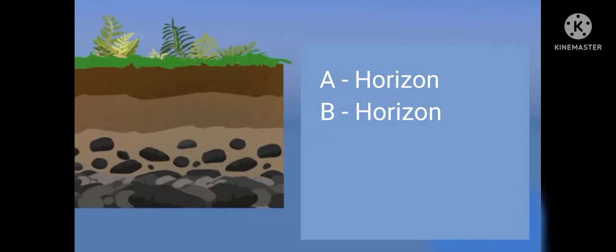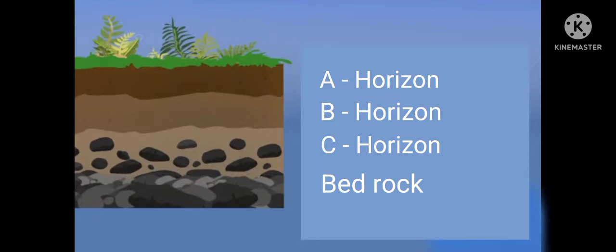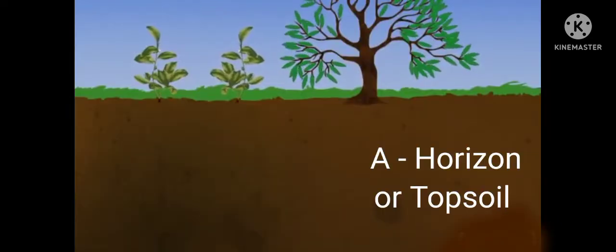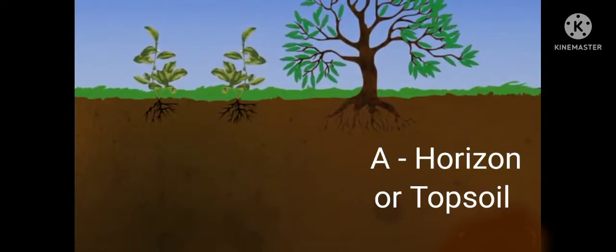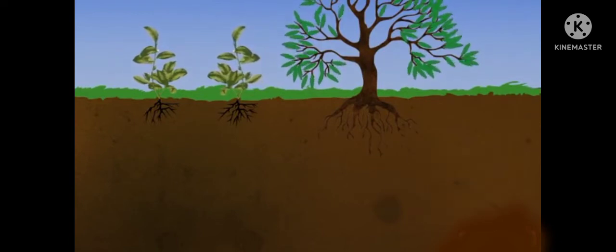There are 4 layers in the soil. They are A horizon, B horizon, C horizon and bedrock. First, A horizon. A horizon is the uppermost horizon of soil profile.